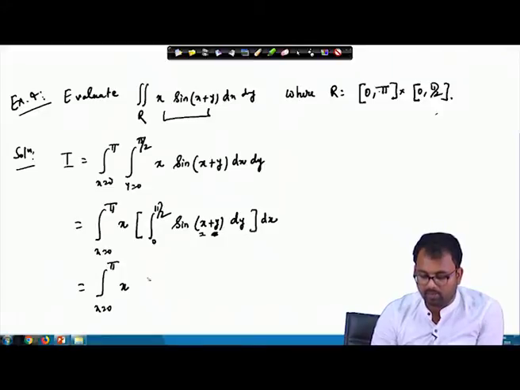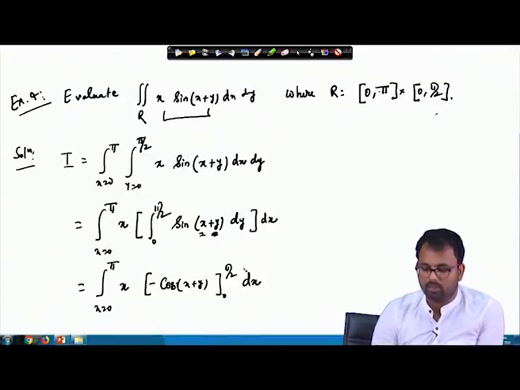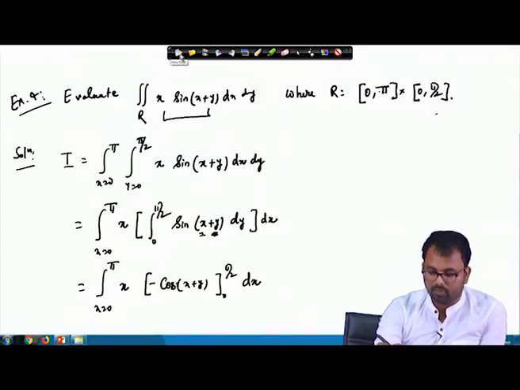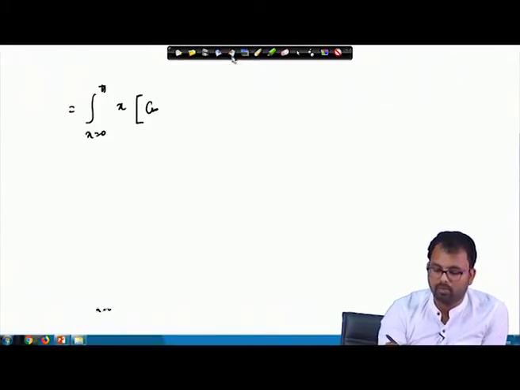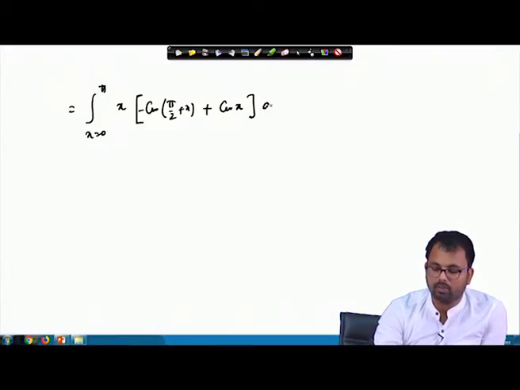The integral of sine is minus cos(x plus y), evaluated from 0 to pi by 2, dx. So, now this will be the integral from x running from 0 to pi of x times minus cos of pi by 2 plus x, minus minus plus cos x, dx.